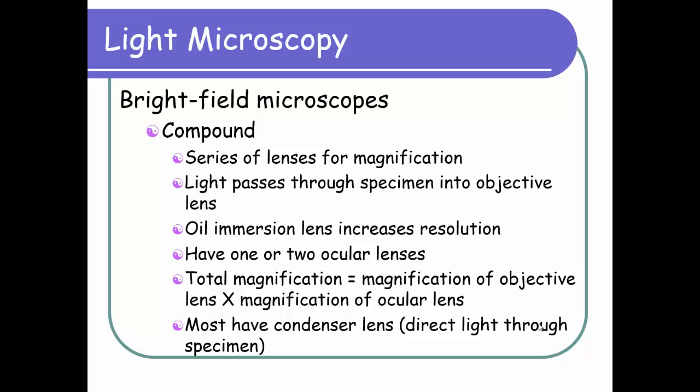If you have the 40x objective in use, you have to multiply 40 times 10 to get total magnification. In the laboratory, if we ask you what is the magnification, we are talking about total magnification, not the objective lens magnification. Our microscopes also have condenser lenses that refract the light so that it passes through the specimen on the stage.